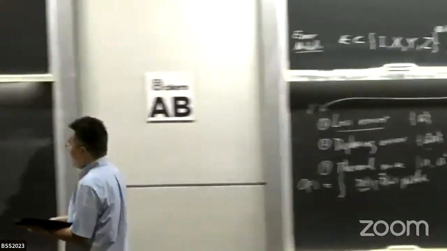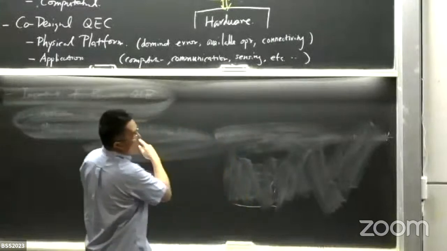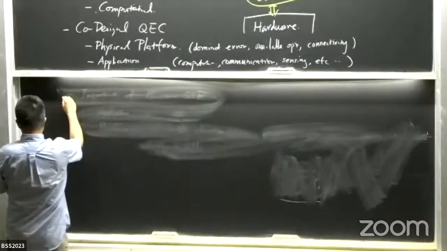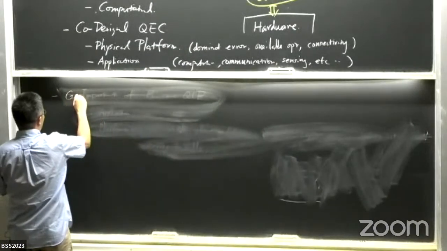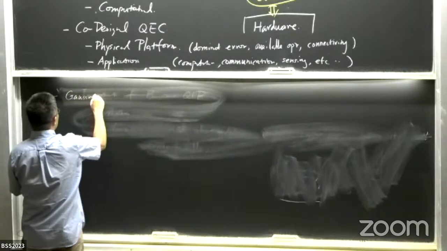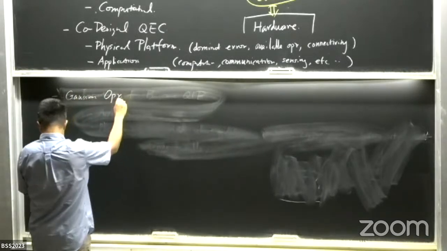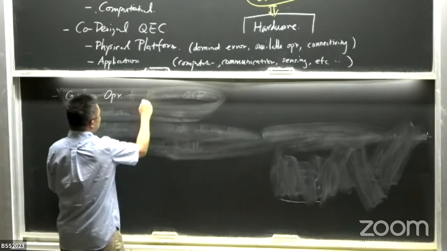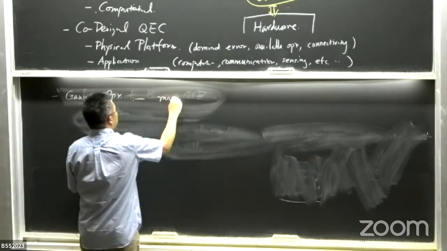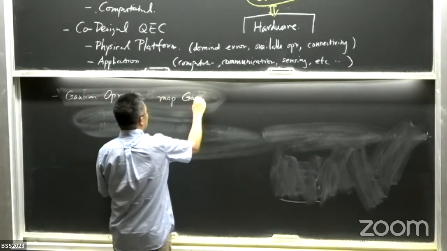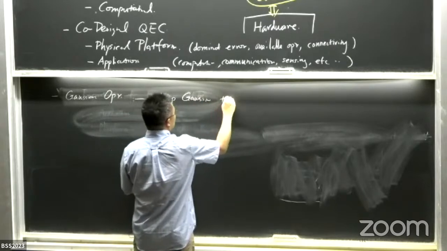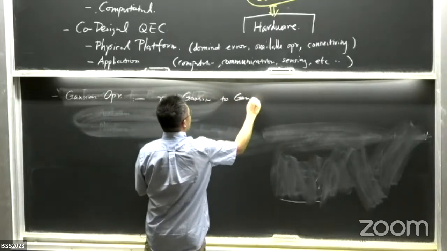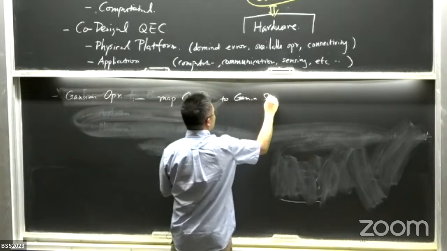Unfortunately I have to go here, but alongside Gaussian states there is another property called Gaussian operations. A Gaussian operation is basically a map from Gaussian states to Gaussian states.